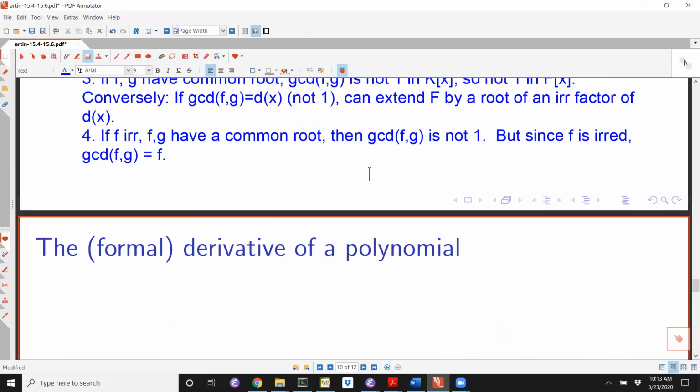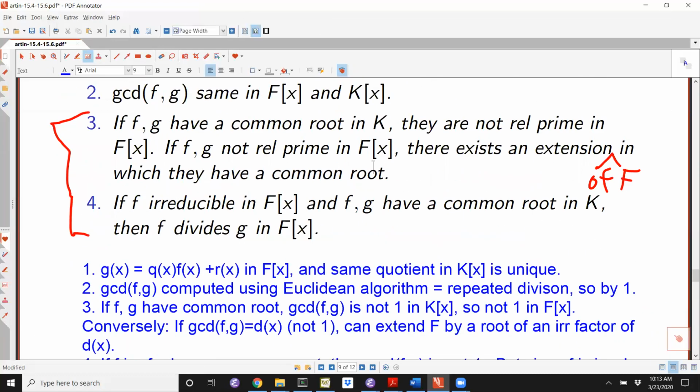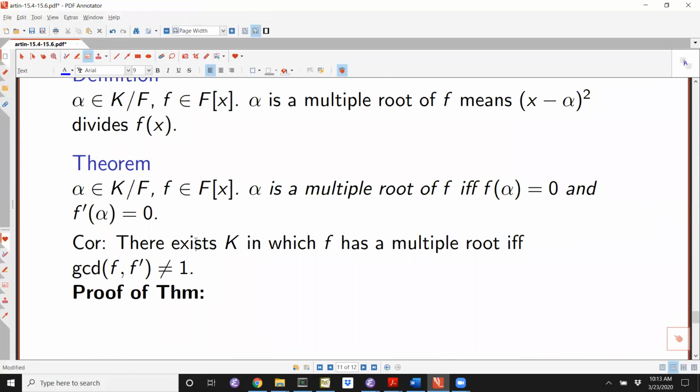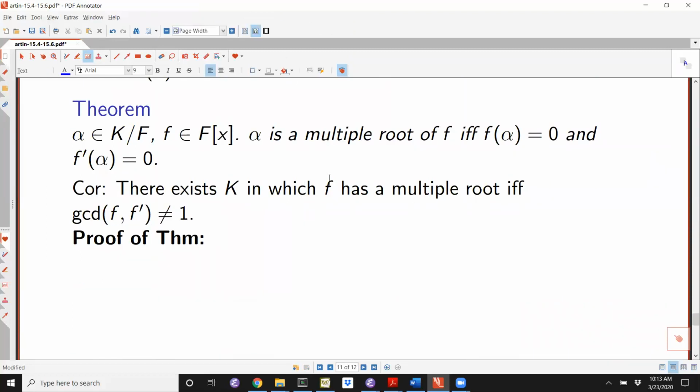There exists an extension in which they have a common root, and if they have a common root, they are not relatively prime. So little f has multiple roots in some extension exactly when the GCD of it and its derivative is not equal to 1, has degree greater than 0. All right, so proof of the theorem.